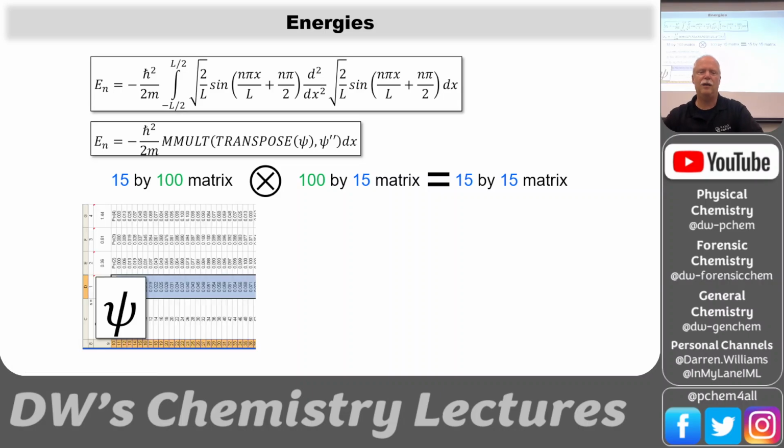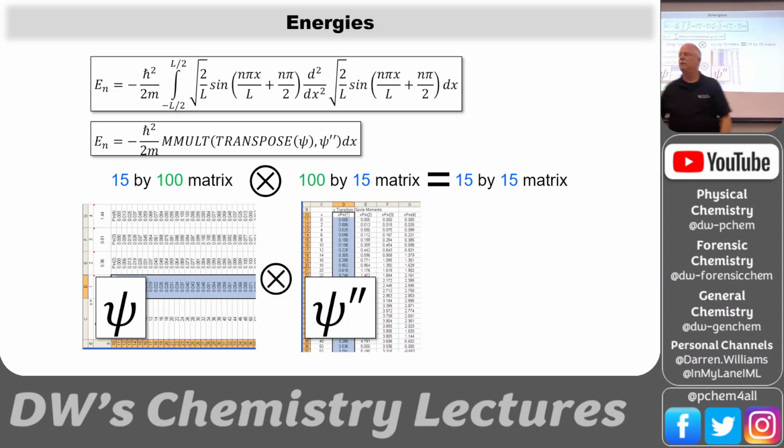So we take this block, we transpose it. Now it looks like this in Excel's brain. We don't see this, but when we transpose it, Excel flips it like this, and then we multiply it by the double prime inside that MMULT.